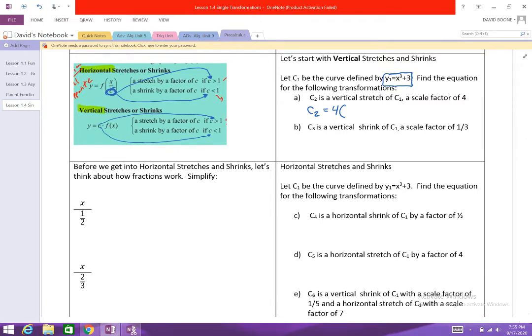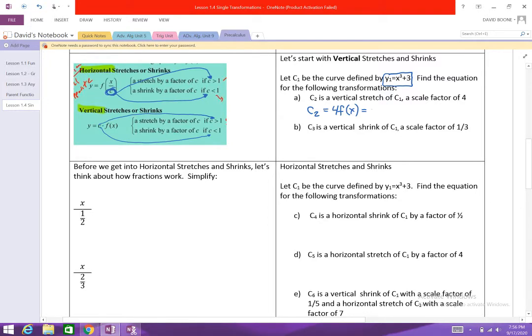I should probably write the notation here, so give me a second. Let me change this. We'll go 4 times that function. That's the c value. The c value is greater than 1. It's 4, so I'm putting it out front.